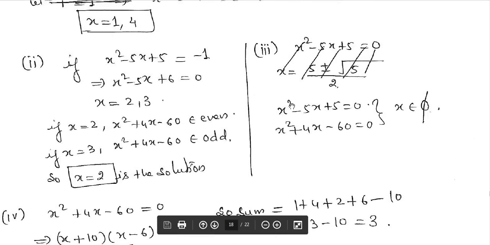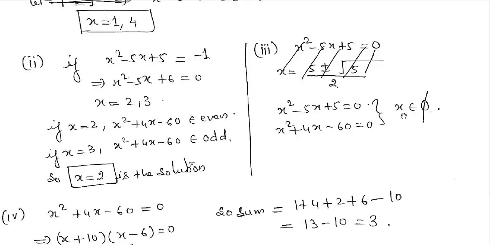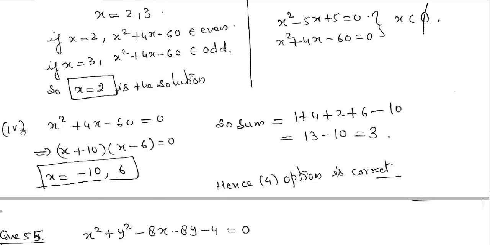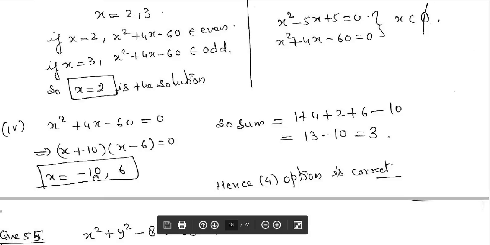In the third case, these two cannot both be 0 simultaneously, and there is no real x for which this can be 0 simultaneously, hence there is no solution. In the fourth case, if the power is 0, then we get x equal to minus 10 and 6, and on solving we are getting 3 as an option.